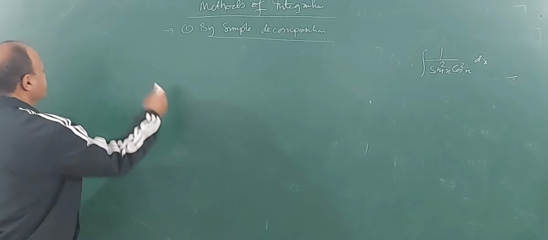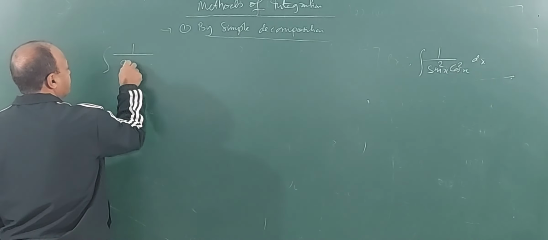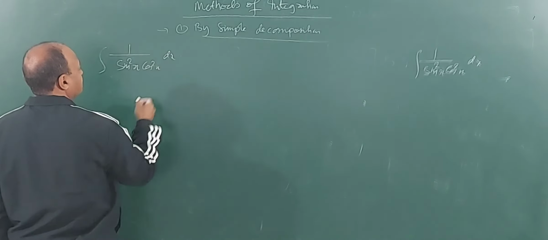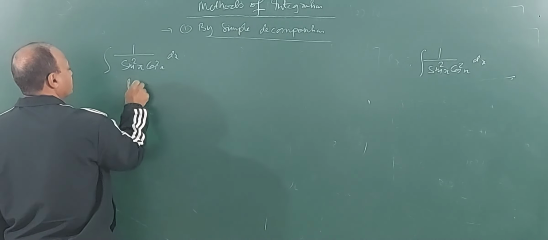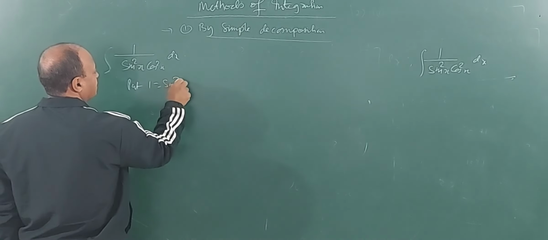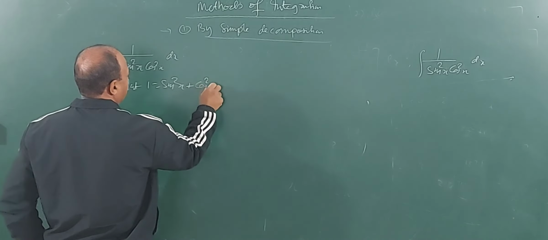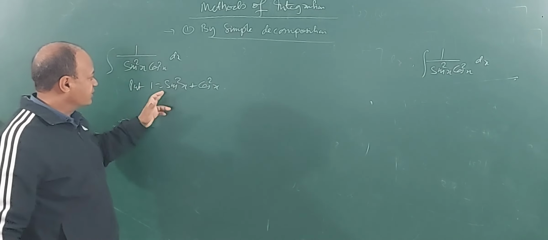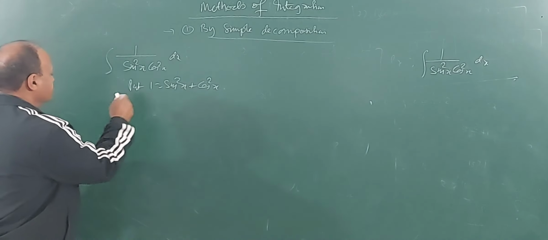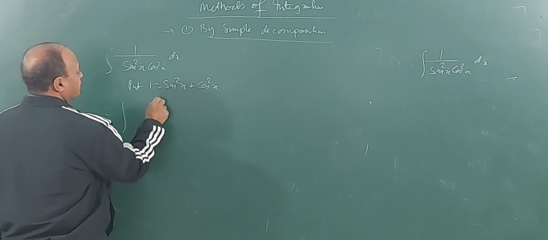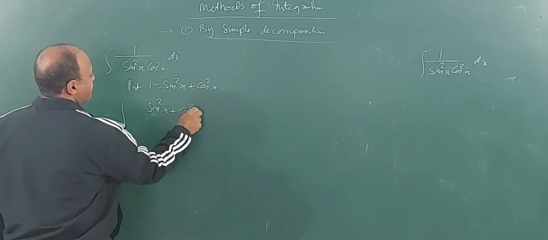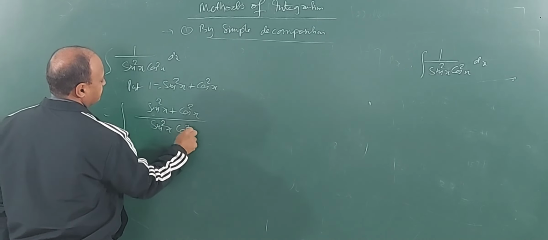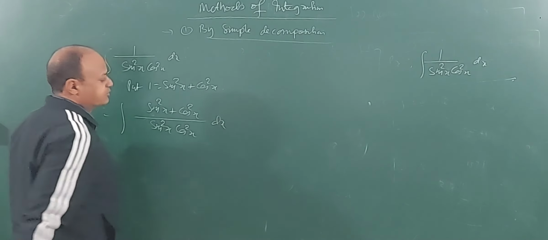Okay? So when I am integrating 1 upon sin square x cos square x, in fact I will be writing, put 1 is equal to sin square x plus cos square x, and you will find it will become very smooth, very easy. So this becomes sin square x plus cos square x divided by sin square x cos square x with respect to x.